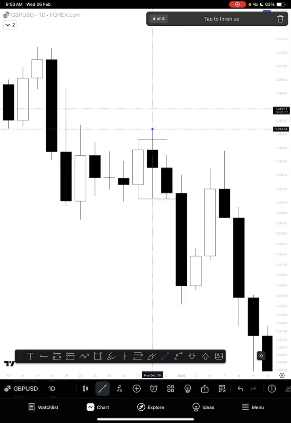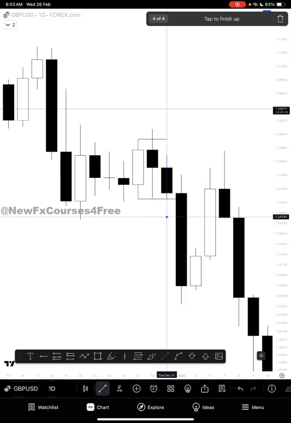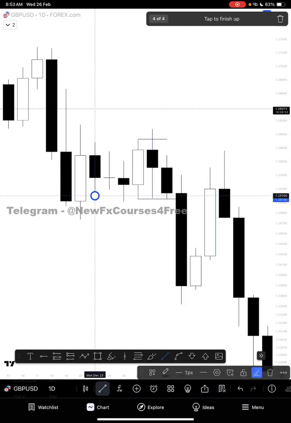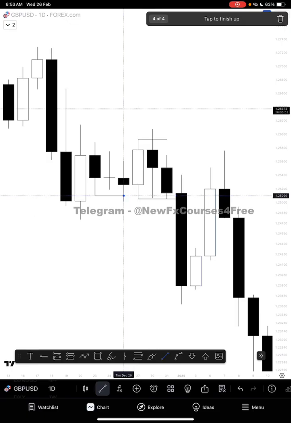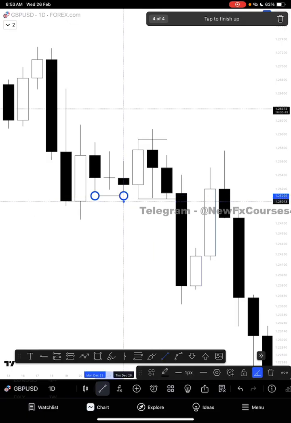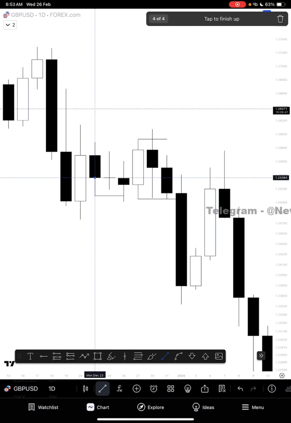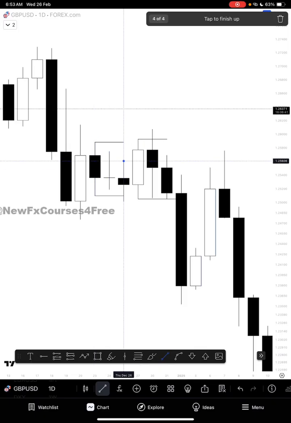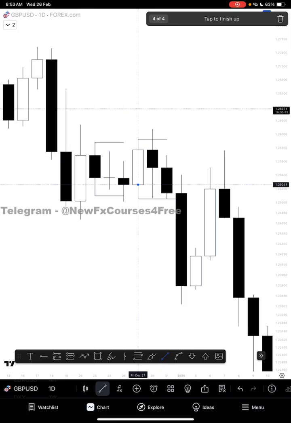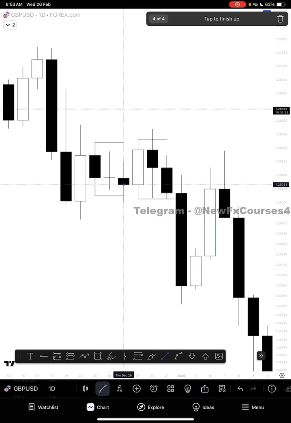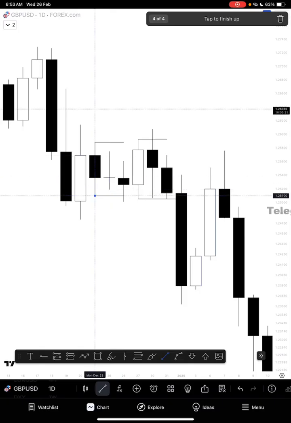So here, week above, lower prices. Here, took this opposite side of the range. This was Monday's low. Tuesday did not actually take it. So what happened? Wednesday took Monday's low, then closed above, week below, then closed back into this range here.